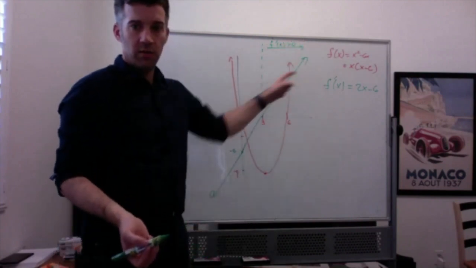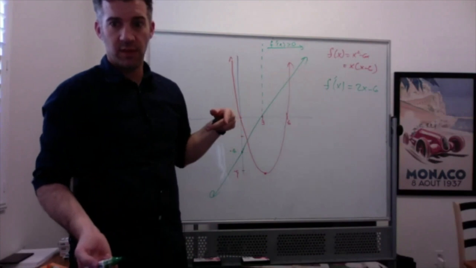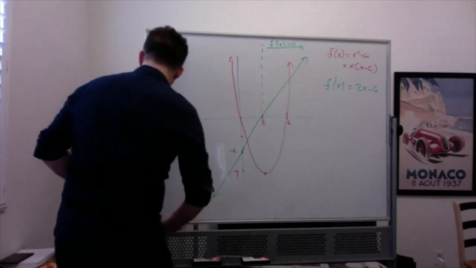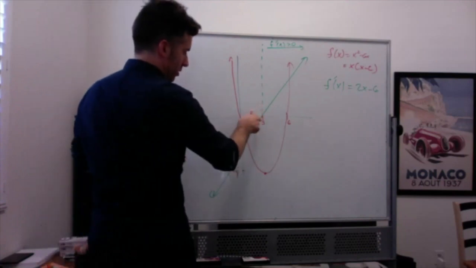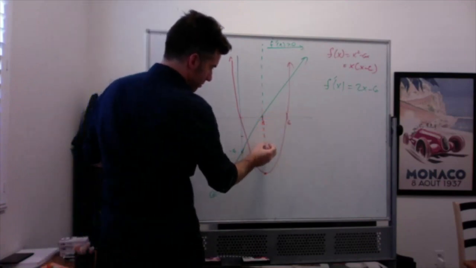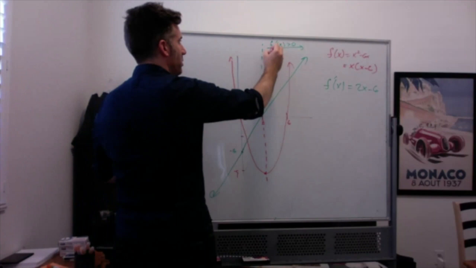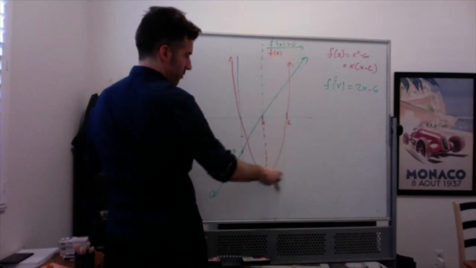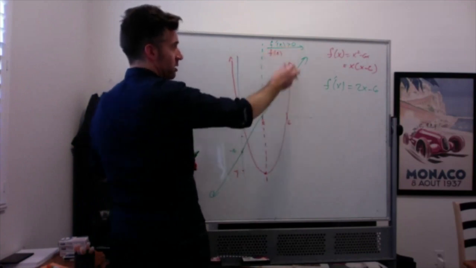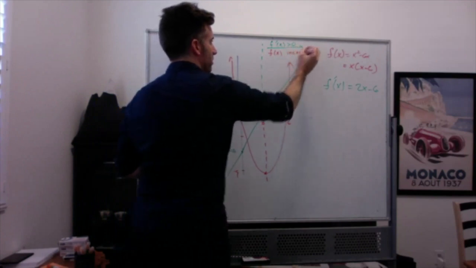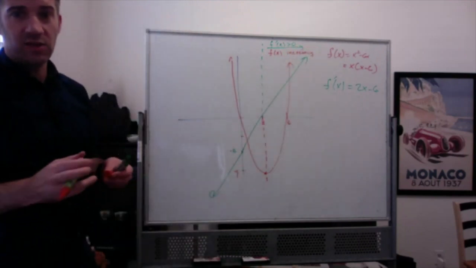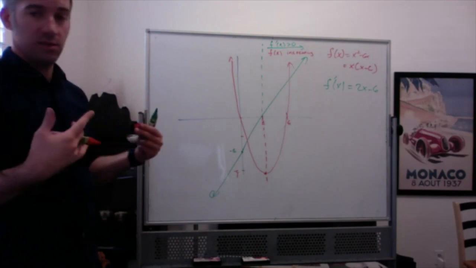Everywhere over here, my derivative is positive. Also, and this is going to be important later, but it's also important now, that to the right of 3, the original function, well, from 3 onward, the function is increasing.